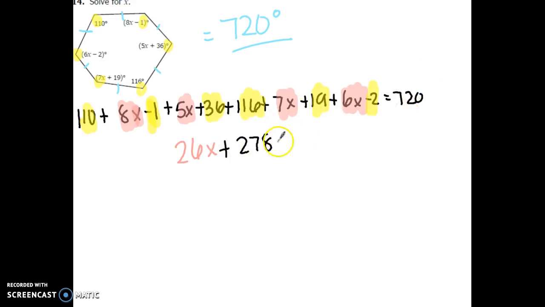And of course, we still set that equal to 720. Then I am solving for x, so I'm going to subtract 278 from both sides. Of course, these cancel. We drop these down, so it'll be 26x equal to 442.